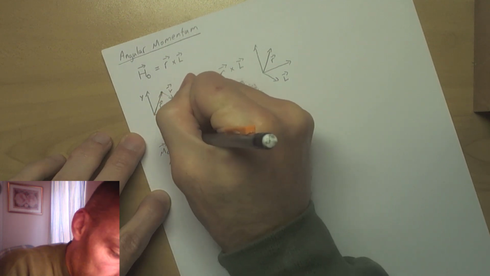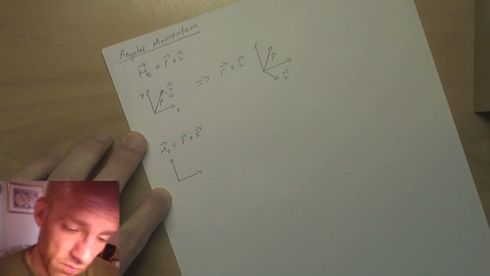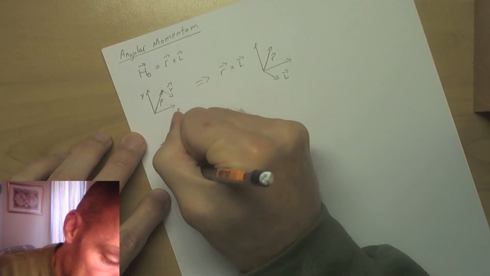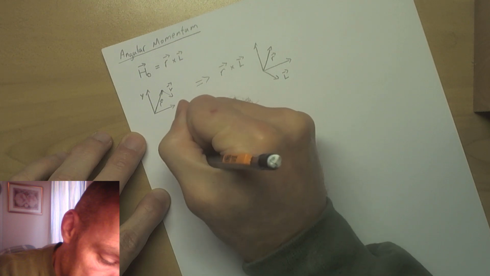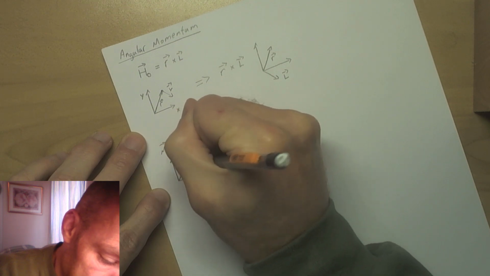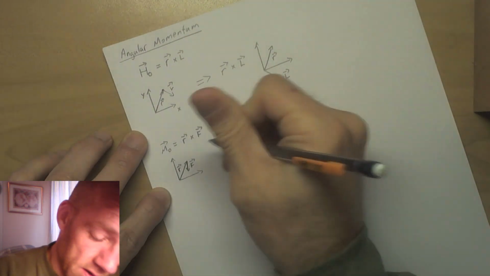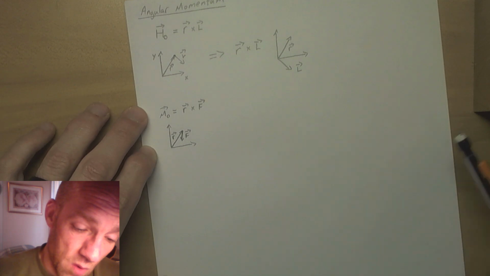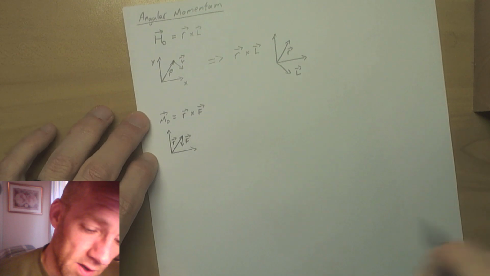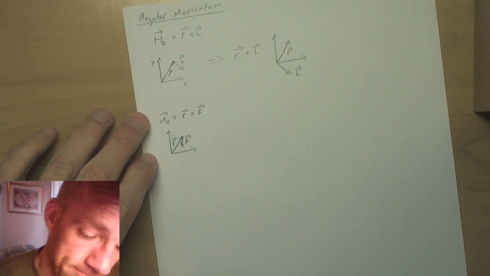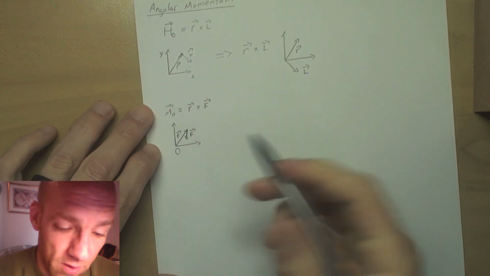And so this is equal to R cross F. All right, so if I had that same particle and had a force acting on it like that, then R cross F would be, in this case, still a negative value, but so this is the moment.